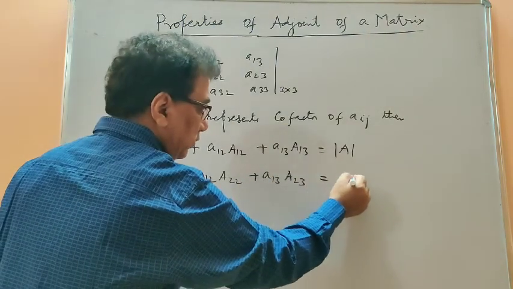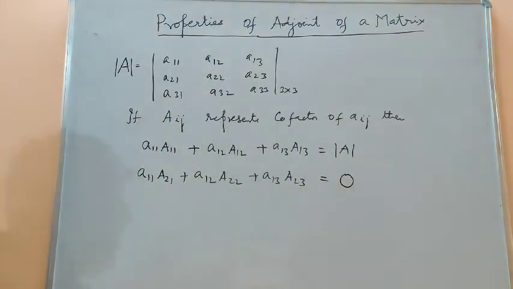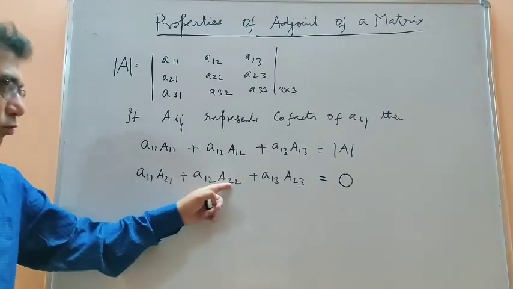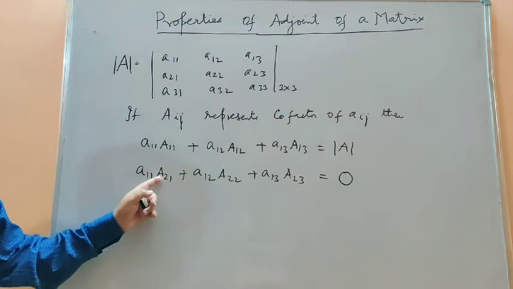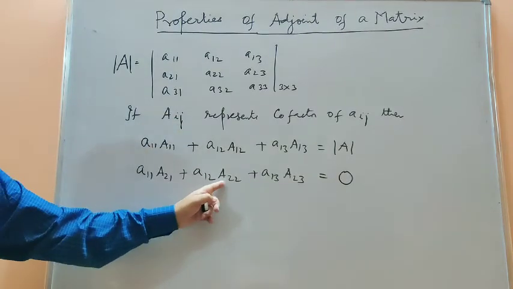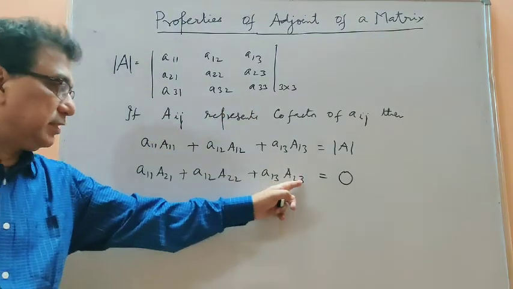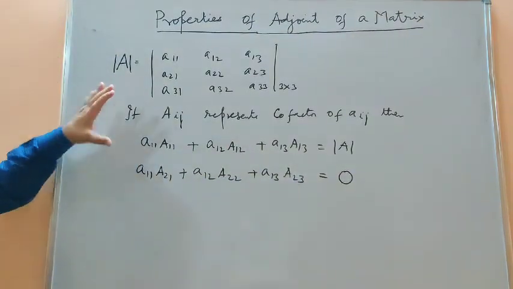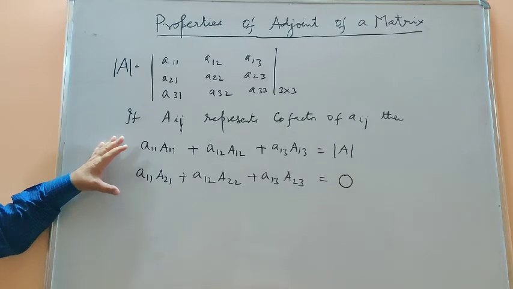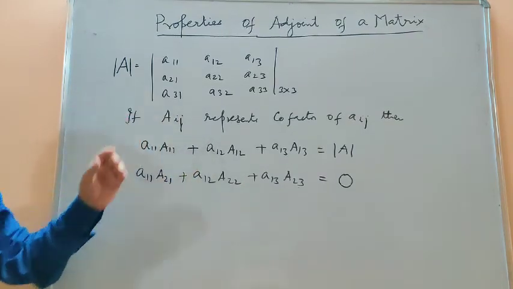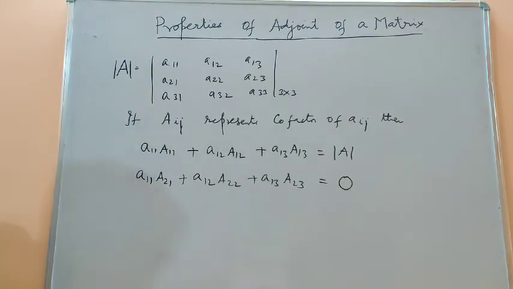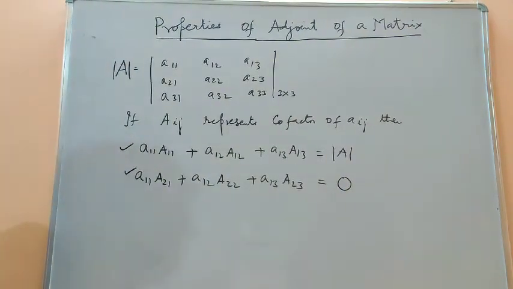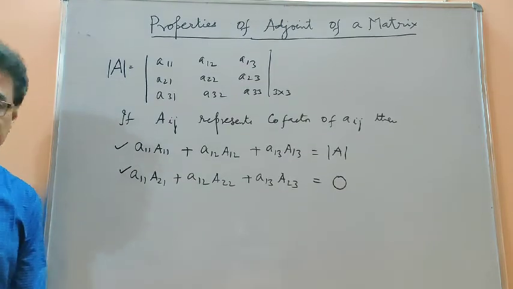This will be 0. Similarly, if I replace A21, A22, A23 by capital A31, A32, A33, then also we get the same result, that is 0. This will be the basis of our discussion when we go with the first property. So you have to remember these two results. Then I will discuss the first property of adjoint of a matrix.